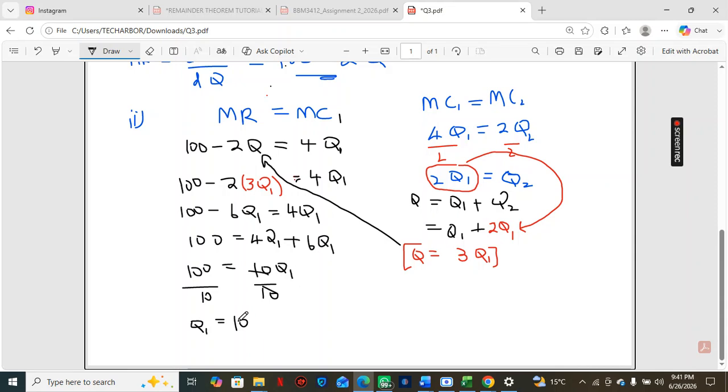Okay, any questions? Q1 equals 10. So that's the first profit maximizing quantity. If this firm produces 10 units, it will maximize profits. Any questions before we go to the next, before we get Q2?